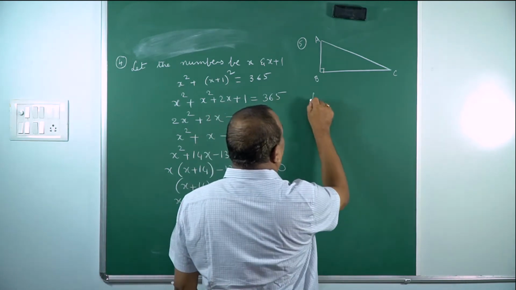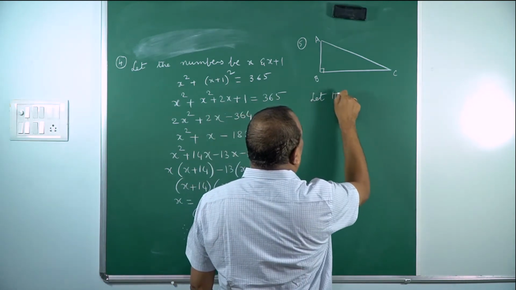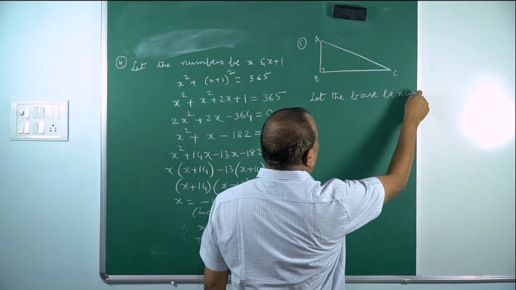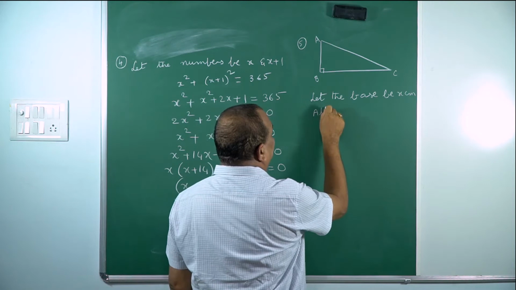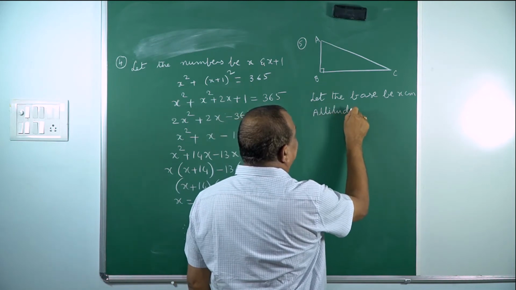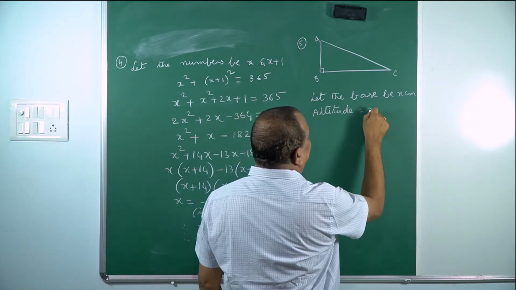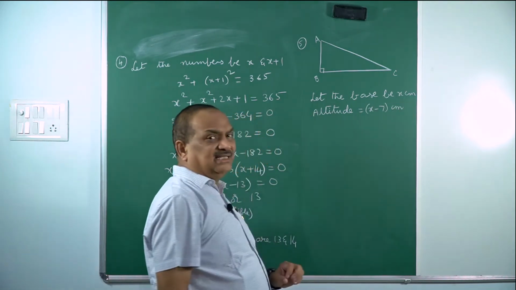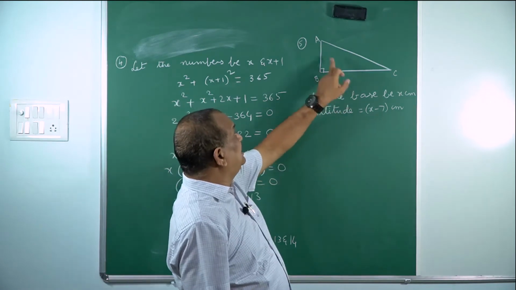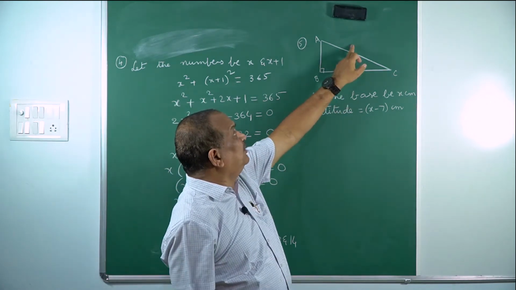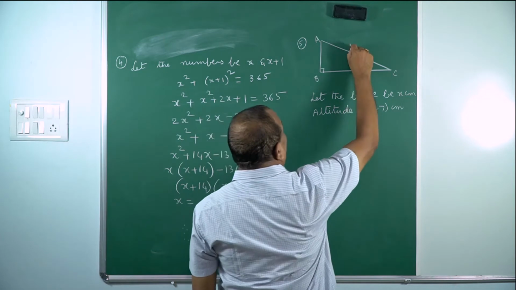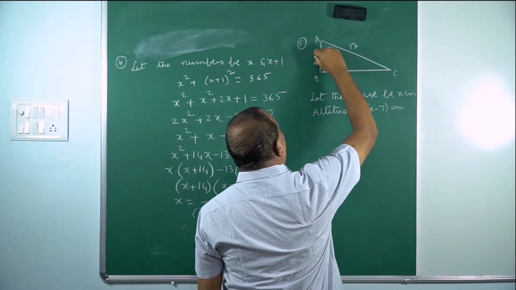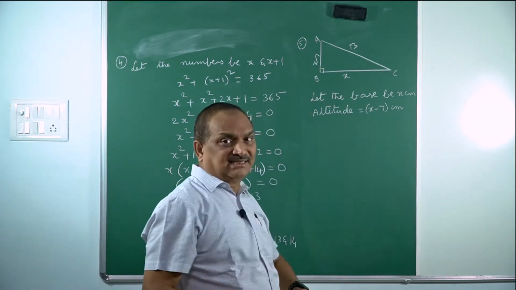So we write here, let the base be x centimeters, and the altitude then is 7 centimeters less than that, x minus 7 centimeters. So you have base BC, you have altitude AB also, and the hypotenuse is given as 13, and this is x, and this is x minus 7, all in centimeters.